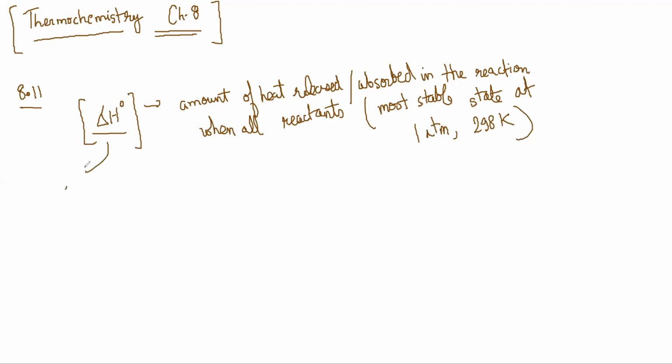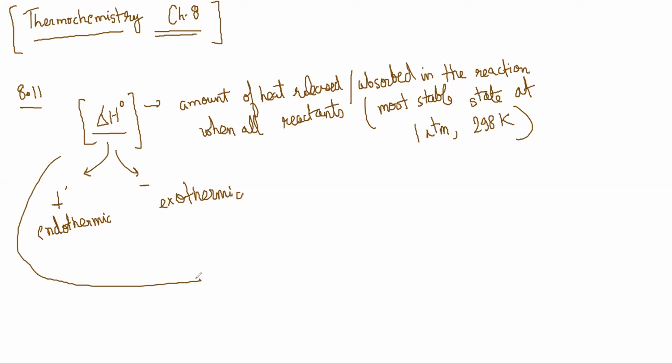Now this could be positive or negative. Positive is an endothermic reaction, it absorbs heat, and negative is an exothermic reaction, right? Now this standard enthalpy change for a reaction can be measured in two ways, and that is what you learn in sections 8.10, 8.11, and so on.